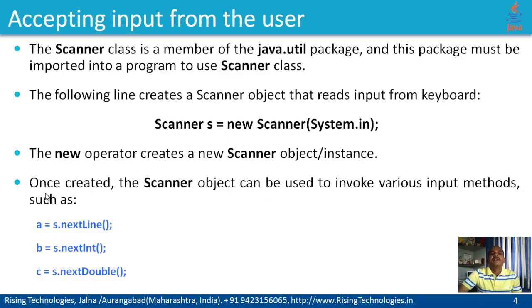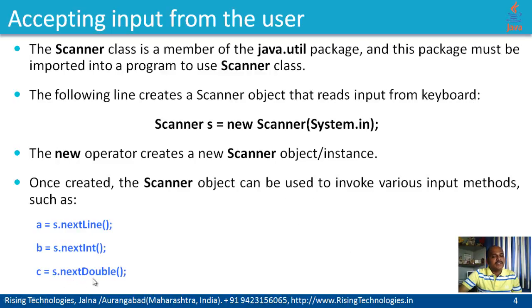Once a Scanner object is created, this object can be used to invoke various input methods such as nextLine, nextInt, nextDouble. The nextInt method reads an integer value from keyboard, converts that value to integer and returns that value.